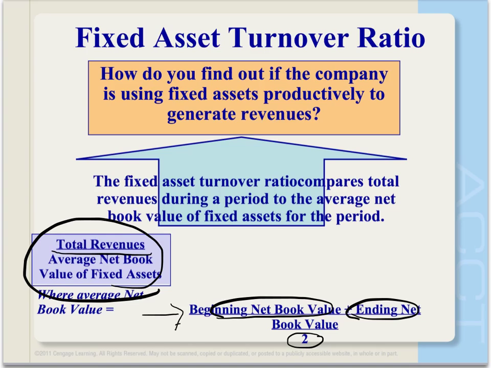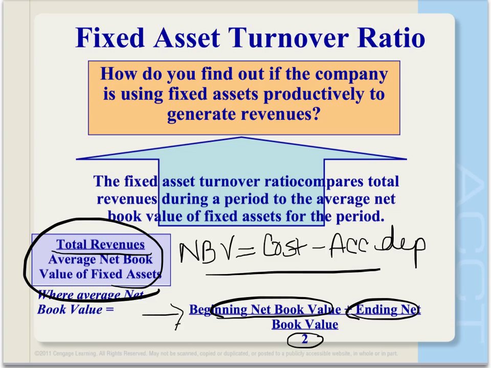The key for you here is to realize what is net book value. I'm going to remind you here that it is cost, so cost of the asset, minus accumulated depreciation equals our net book value. In some instances, you may need to do this calculation. In some other instances, it may be given to you.